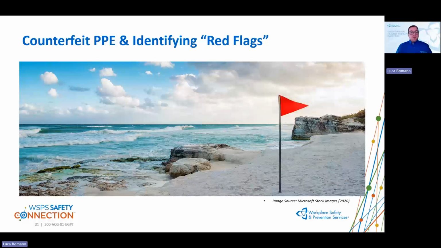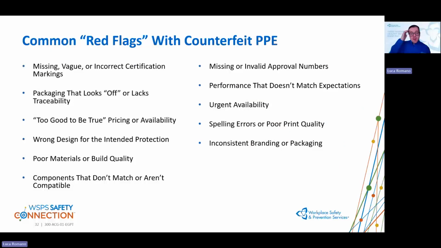Okay, so now we're going to jump into how we can identify red flags as they relate to counterfeit and fake personal protective equipment. So we're going to start off more broadly. In general, we'll start off with common red flags that I would say are good leading indicators for a multitude of different types of personal protective equipment, and then we'll get more specific into different types of PPE.